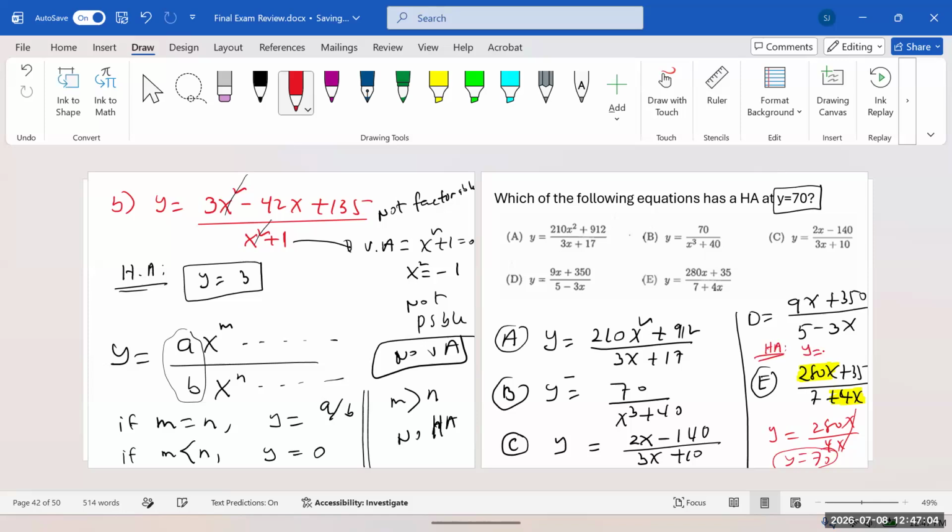Y equals negative what? Really? Negative 3. And how about C? Y equals 2/3.